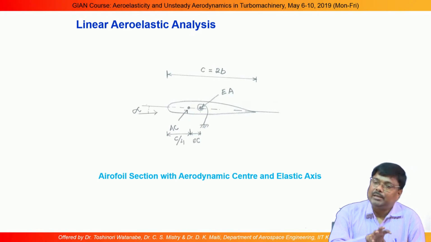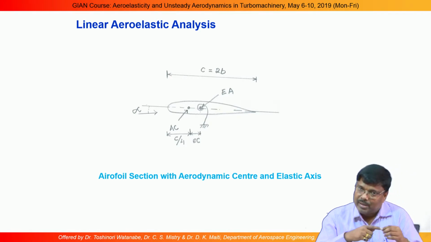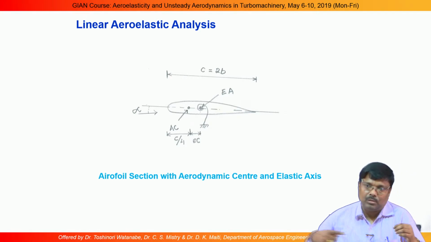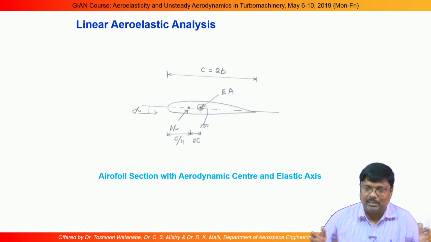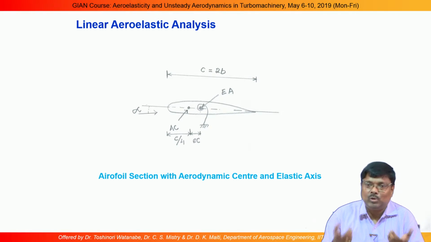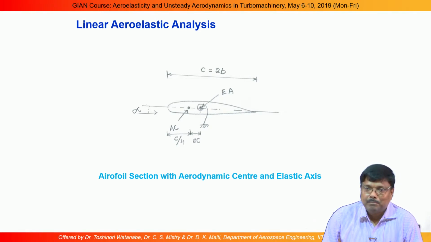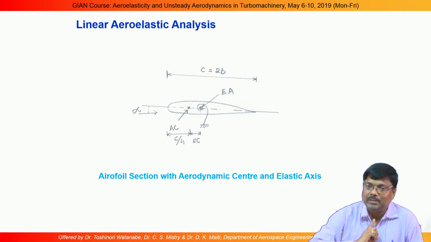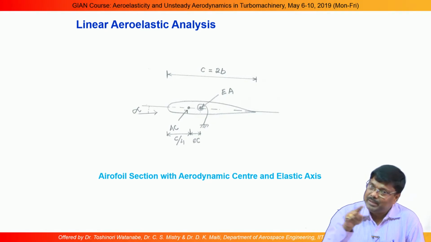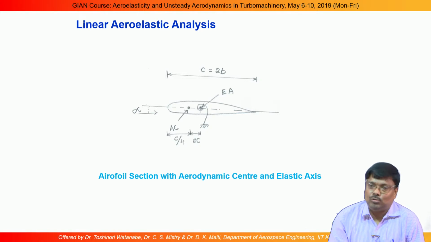Okay. And in addition to that, we are considering that along the chord length the bending stiffness is infinitely rigid. Means we have bending stiffness along the span, and there is a bending stiffness along the chord also.